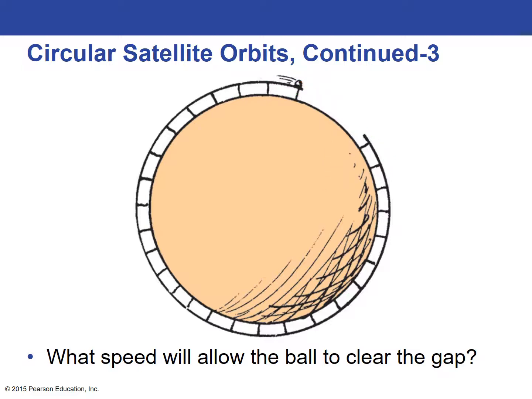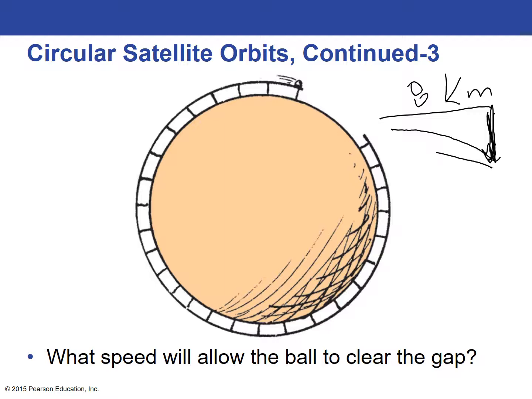And remember that the ground is dropping off at the rate of, it takes 8 kilometers for the curvature of the Earth to drop such that we fall 5 meters in 1 second.